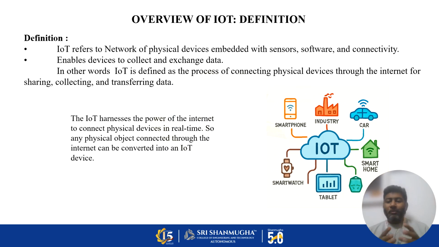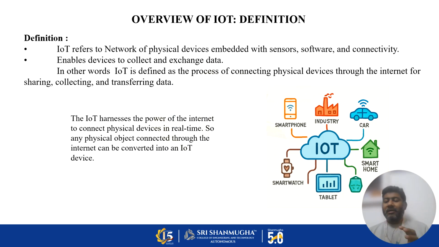So what makes an IoT is when multiple devices connected with each other via a network or internet, it forms IoT. So all these things will communicate with each other and then they will exchange data with each other. So you can either store those data and then use it later, or else you can see those data in real time.